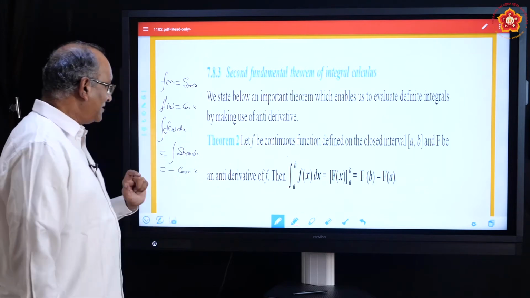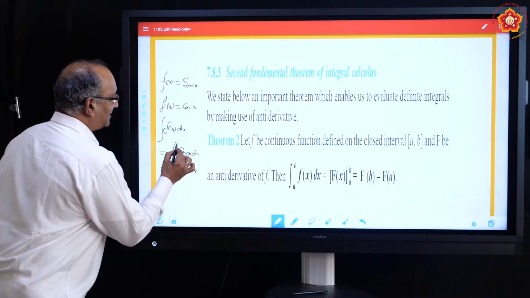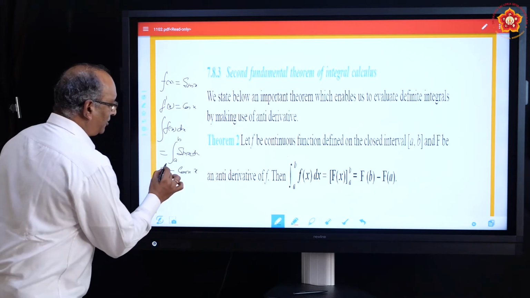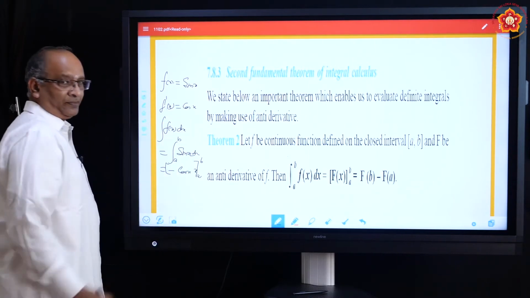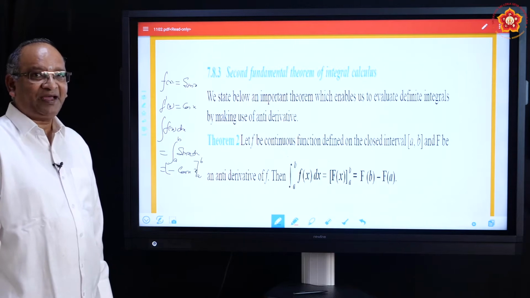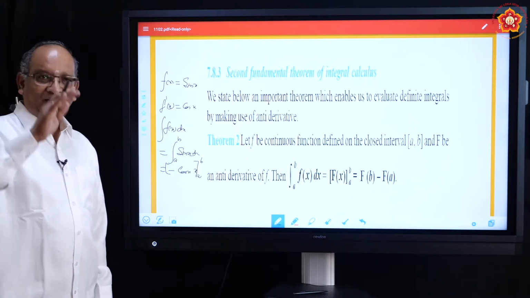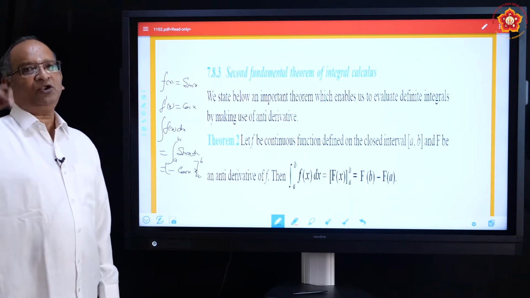Okay, and now if you introduce the limits a to b here, then what happens? To simplify, first substitute the upper limit in place of x, minus substitute the lower limit.